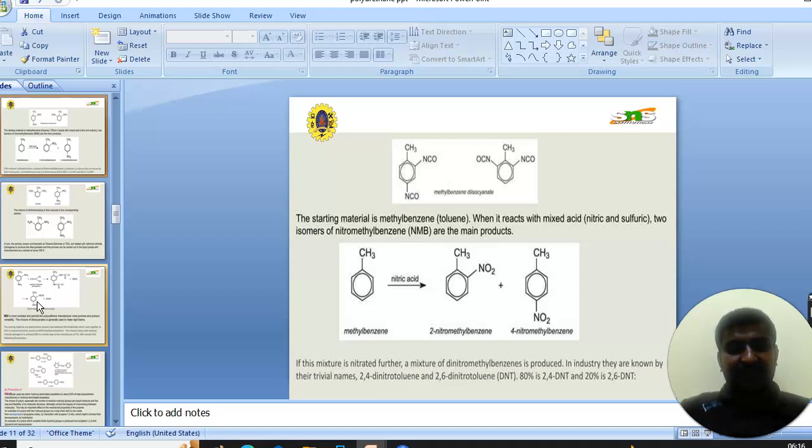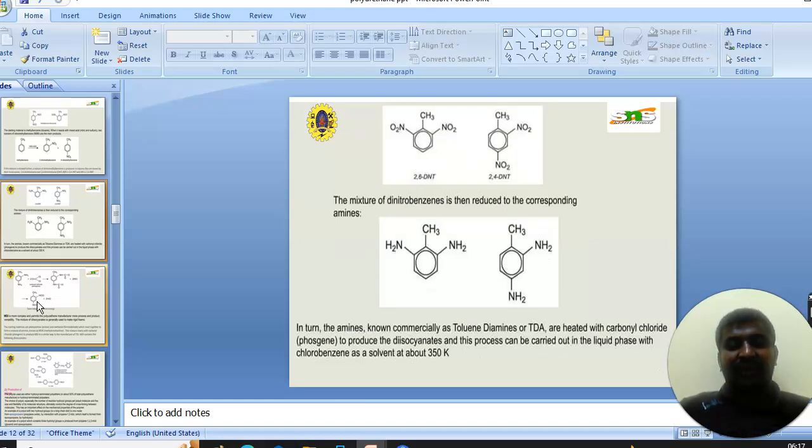If the mixture is nitrated further, a mixture of dinitromethyl benzene is produced. In industry, they are known by their trivial names such as 2,4-dinitrotoluene and 2,6-dinitrotoluene.